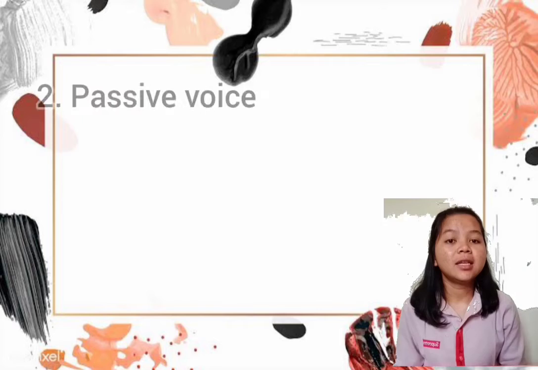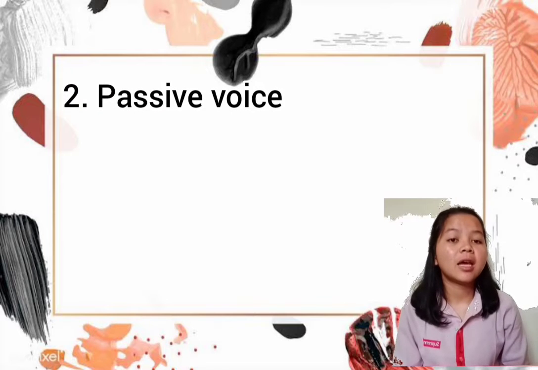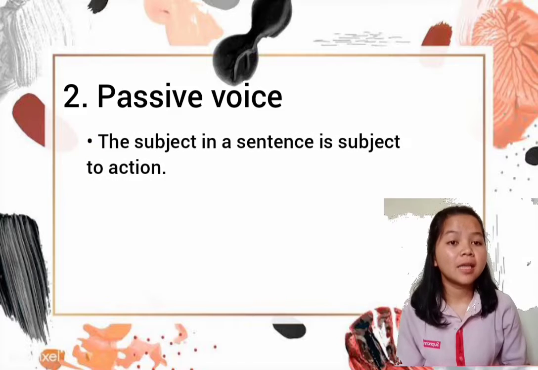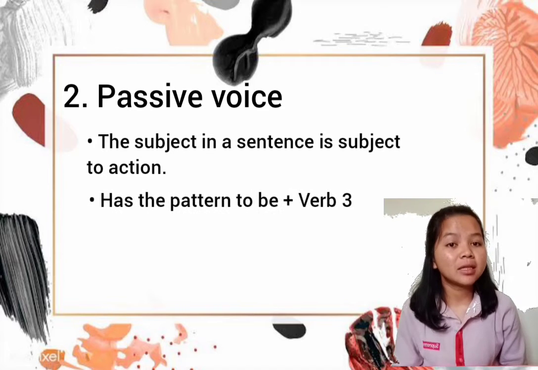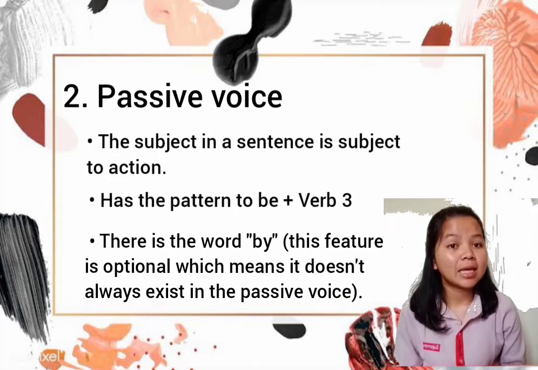For the second, passive voice. Here, the characteristics are that the subject in a sentence is subject to action, and it has the pattern to be plus verb 3. And then there is the word by, and this feature is optional, which means it doesn't always exist in the passive voice.